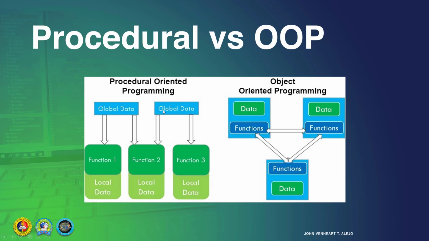Every program has two distinct parts: the data that is being gathered and processed, and the function, which is the steps or the process. So that is why we have global data and then function.